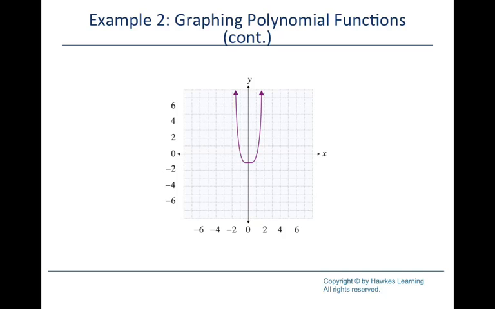The higher the even power, the more it flattens out here in the middle. It doesn't have the nice vertex that we have on our x squared. The x to the 4th, x to the 6th would flatten out more. And so those higher even powers tend to get a little flatter there at the vertex point.